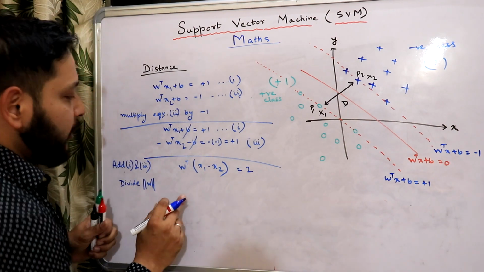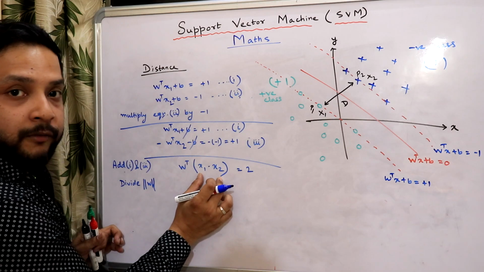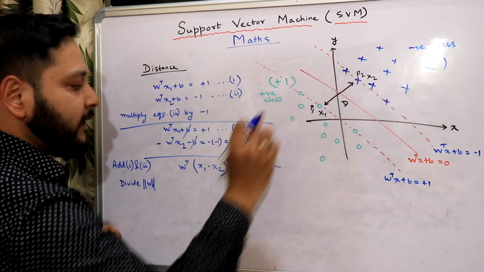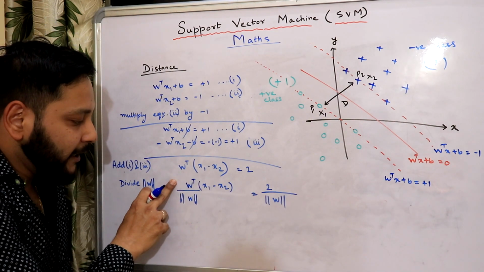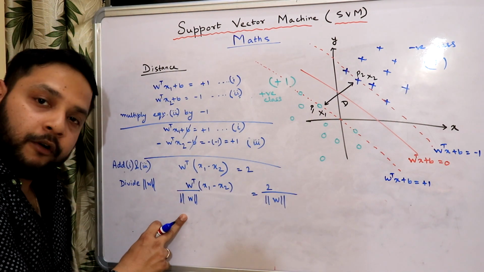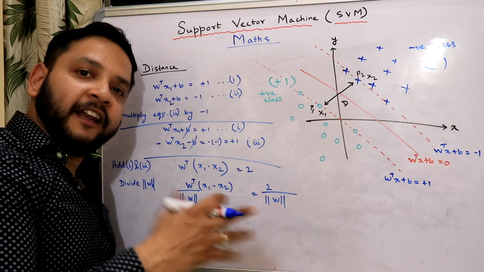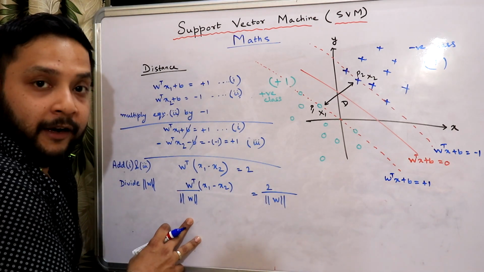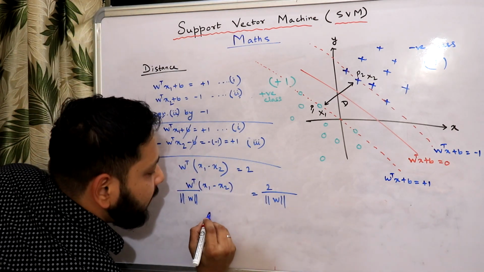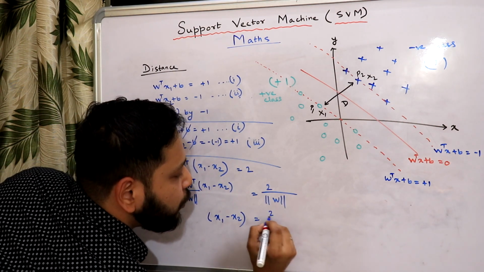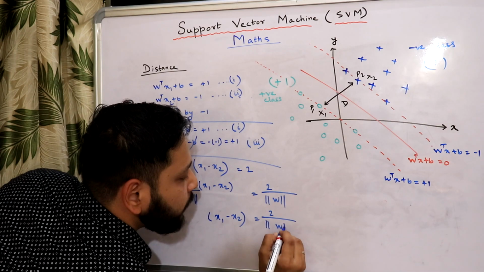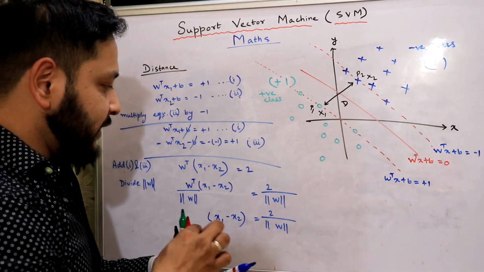Why do we want to divide it? Because we want to get the value of x1 minus x2, that is the marginal distance, that is the d which we want to find. While dividing w transpose by the norm of w, the magnitude vanishes and it behaves as a unit vector, and as a result x1 minus x2 is 2 by norm of w. So this is the distance.